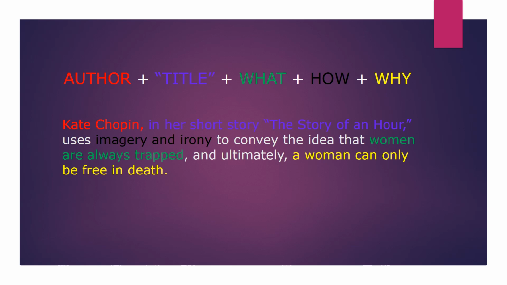So you would have 1 paragraph about imagery and 1 paragraph about irony. Let's say your paper is going to be longer. Let's say your paper is a 6-paragraph essay, an introduction, 4 body paragraphs, and a conclusion. So now let's say you have 3 body paragraphs on imagery and 1 body paragraph on irony.